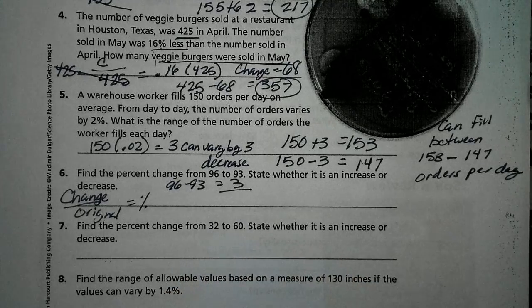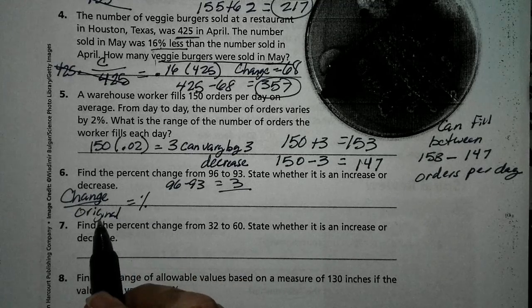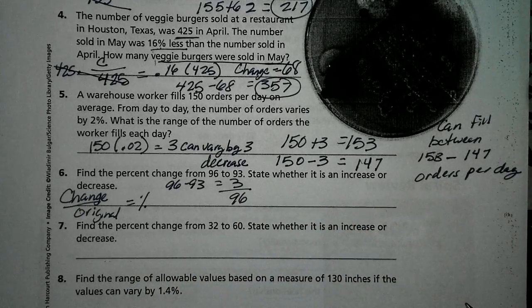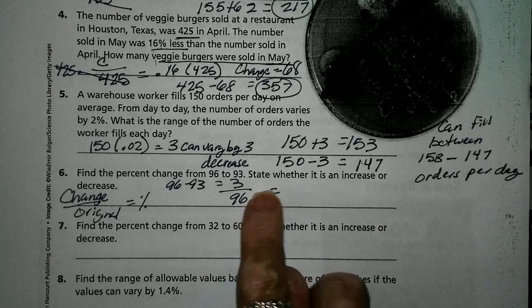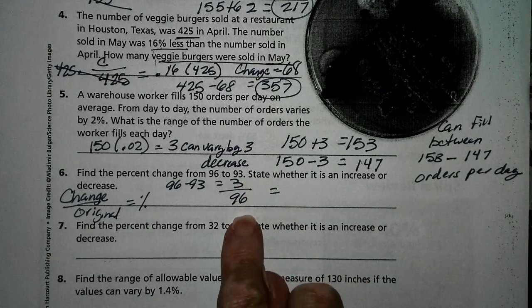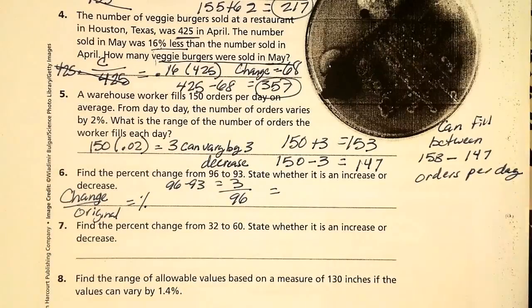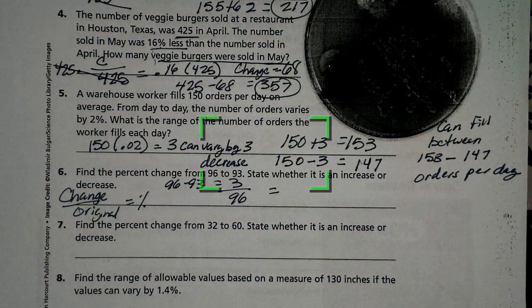We're going to divide it by what? What was my original? 96. Now we do the operation. 3 divided by 96, and what's my percent? 3.2.